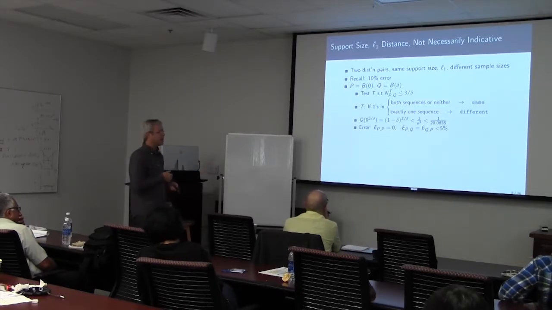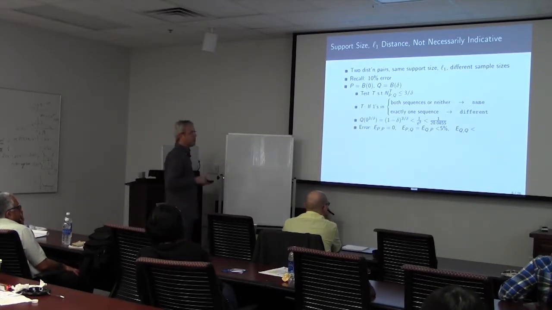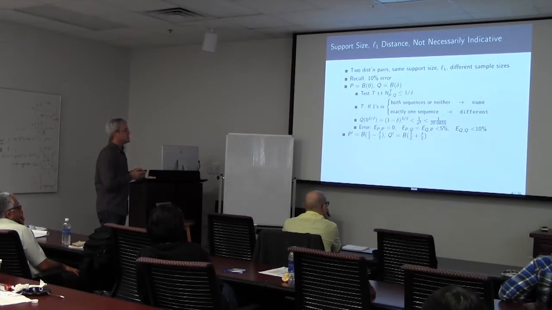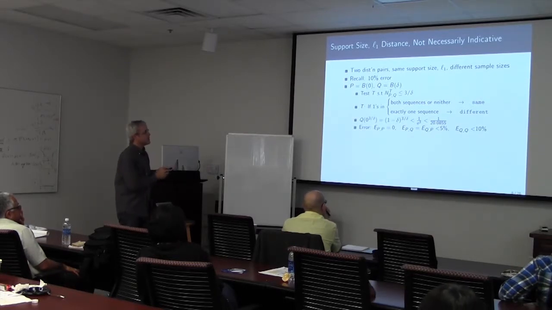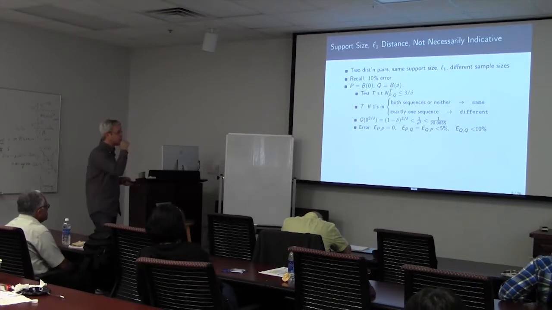And if both of them are generated by Q, then you make a mistake if one of them gave you all zeros or the other one gave you all zeros, and maybe slightly less than that, but that's an upper bound, so it's less than 10%. So we're good. What that shows is that in this case it's sufficient to look at 3 over delta samples to get 10% error.